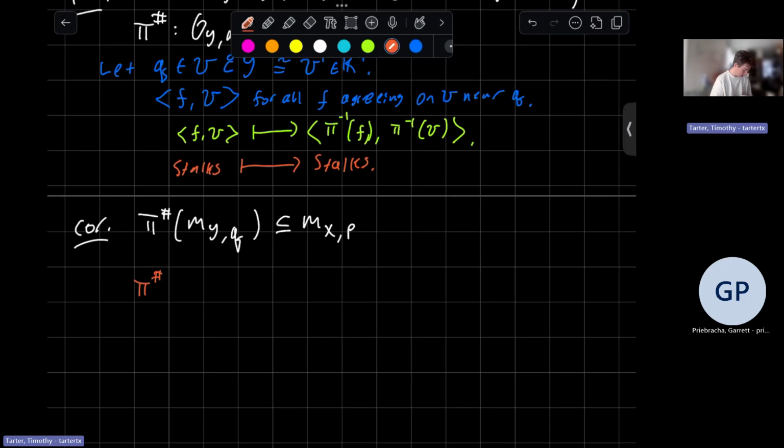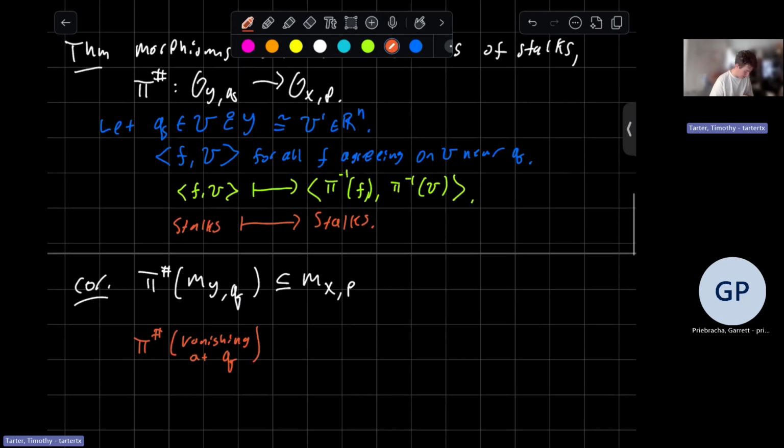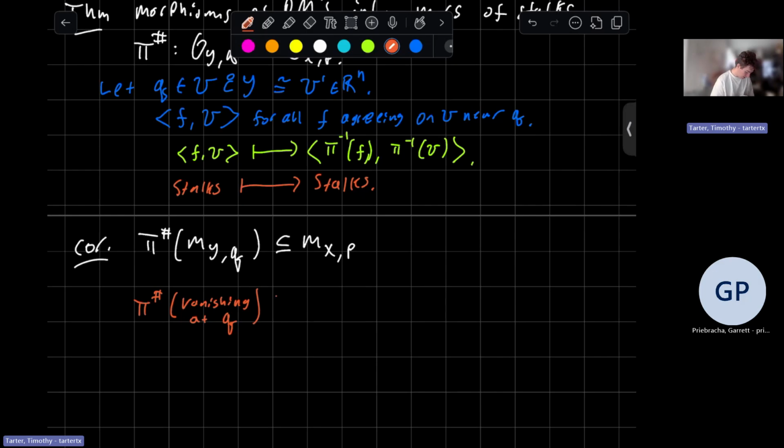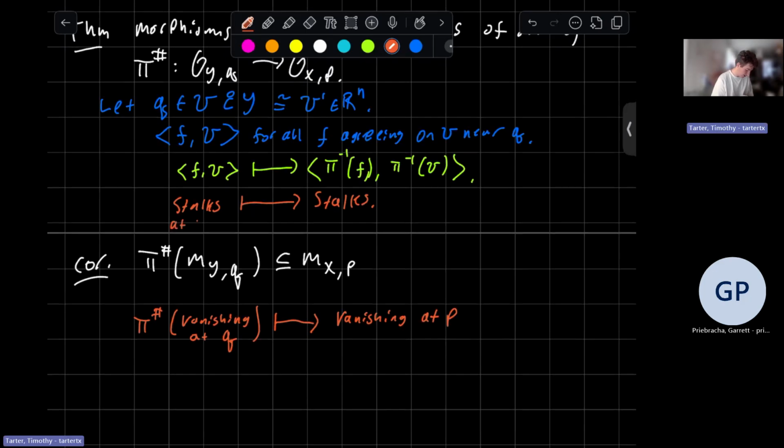So pi sharp of vanishing at q is a map that gets sent to vanishing at p. So I guess this is really stocks at q, and this is stocks at p.